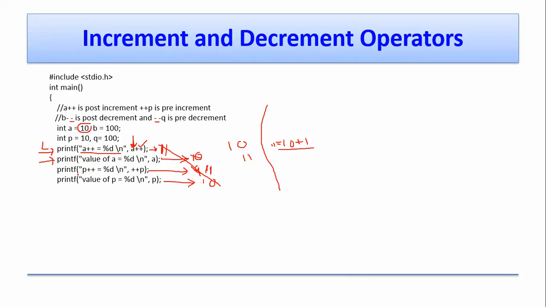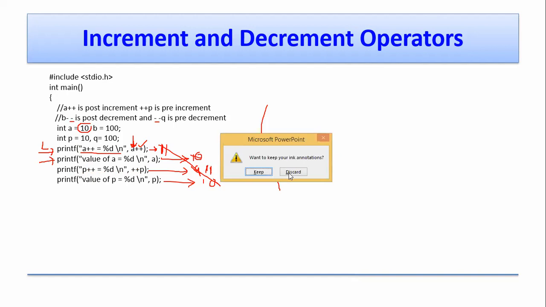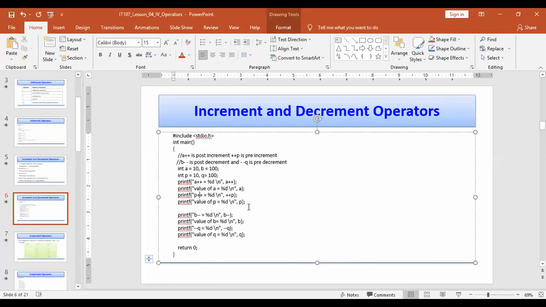But in here, P, right? Actually this is wrong, because here it is not P plus plus. Here the operator comes forward, like this. So this is pre-increment.